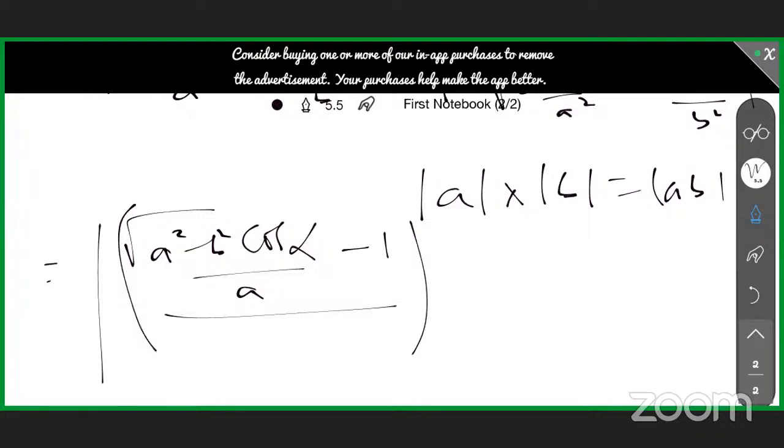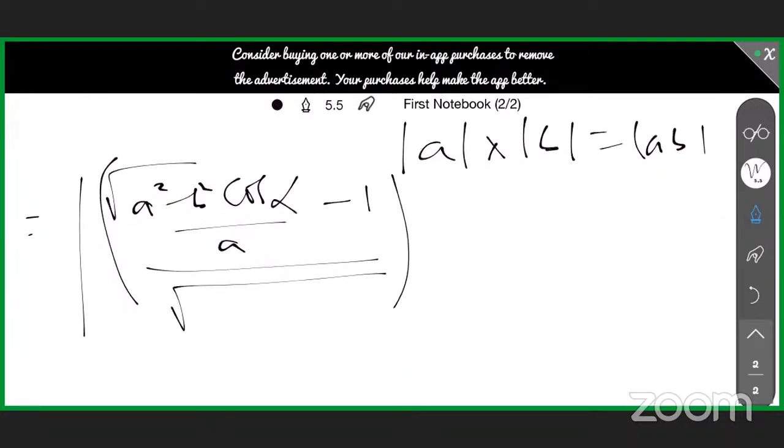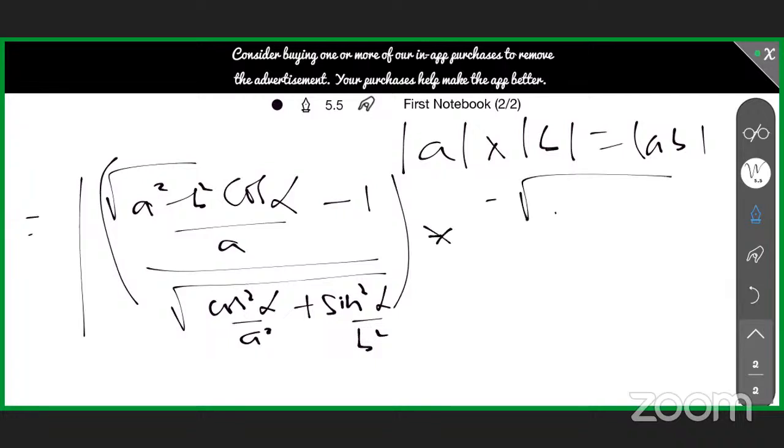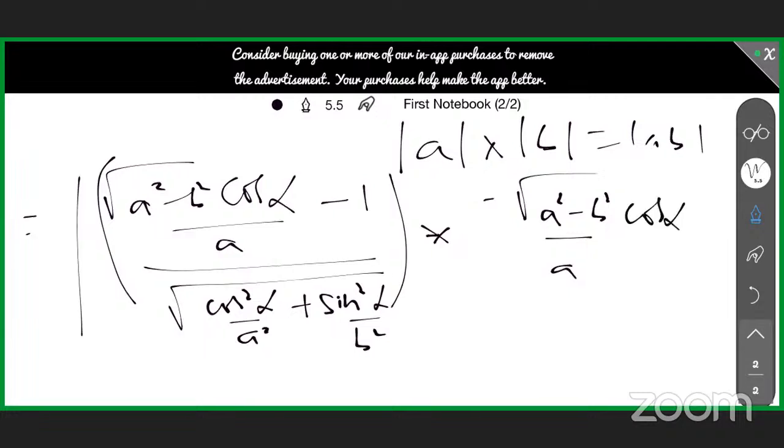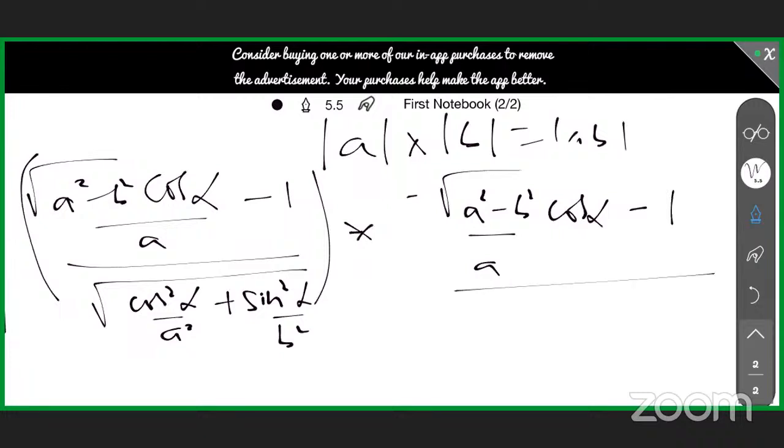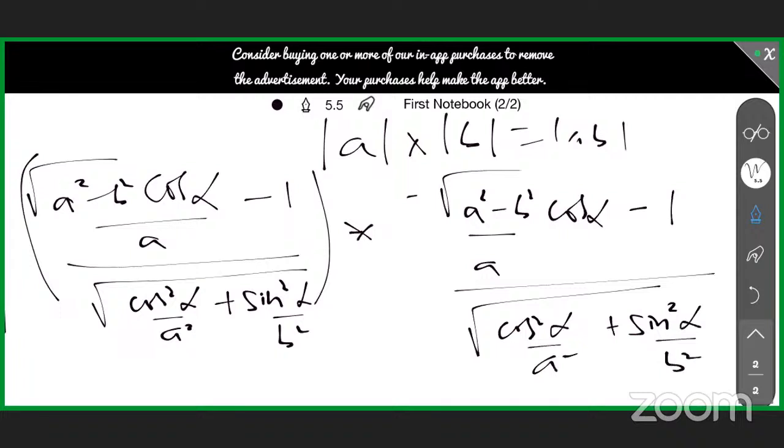This whole divided by root of cos square alpha by A square plus sin square alpha by B square into, this is equal to minus of A square minus B square by A cos alpha minus 1 whole divided by root of cos square alpha by A square plus sin square alpha by B square.